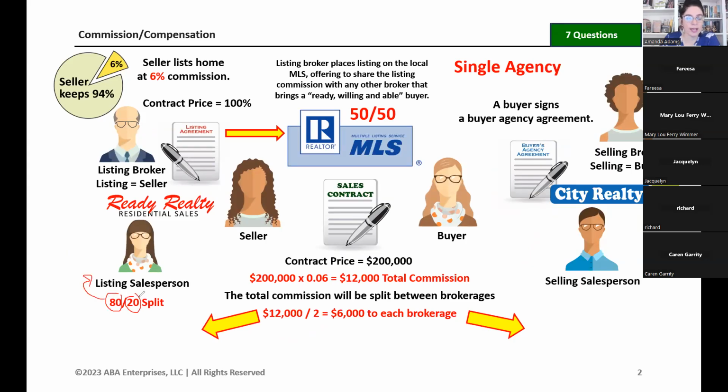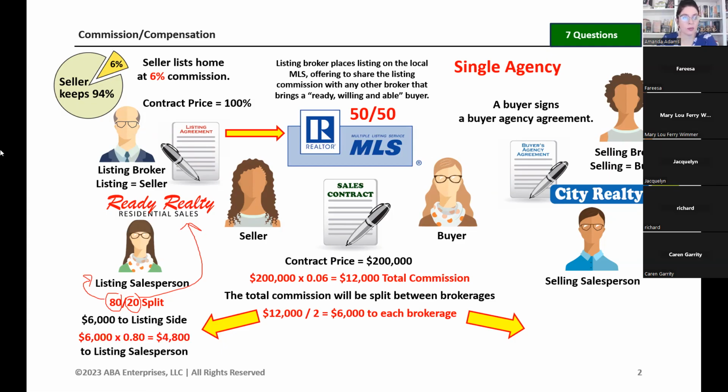And the broker is going to keep 20%. So if she brought in $6,000 in total commission and she's getting 80% of that, how much is she going to get? $4,800, right?